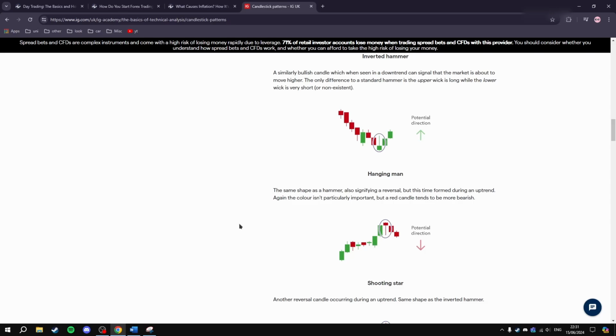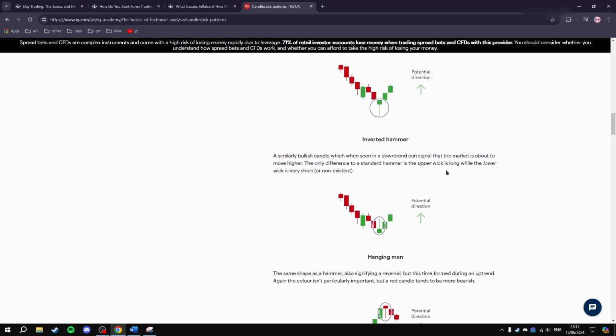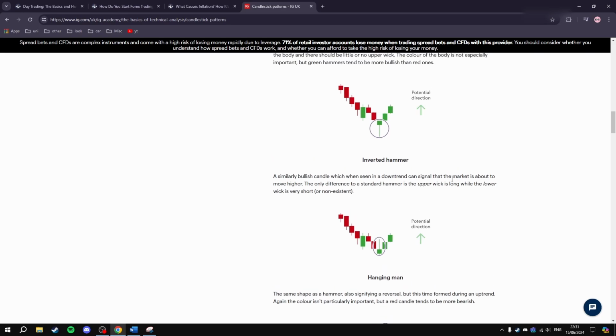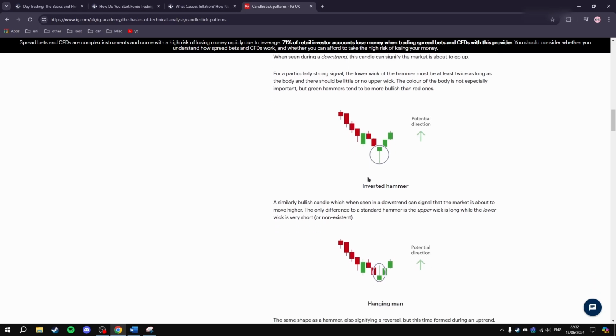The only difference to a standard hammer is the upper wick is long, while the lower wick is very short or non-existent. Wait, so it's the same thing as a normal hammer then? I thought there was going to be a difference.